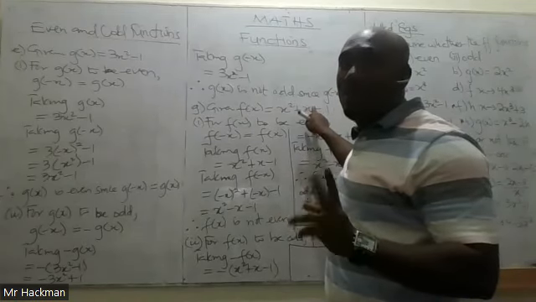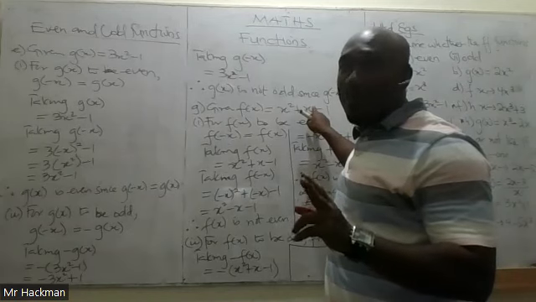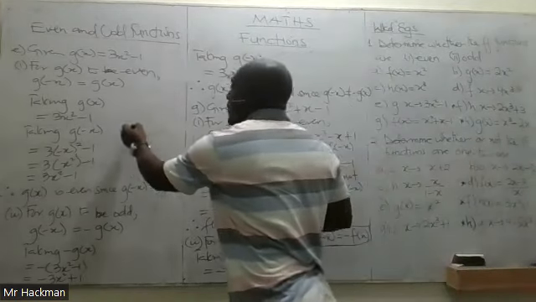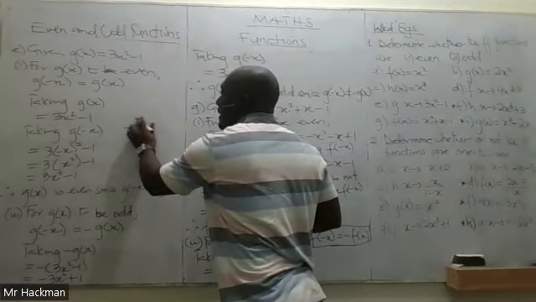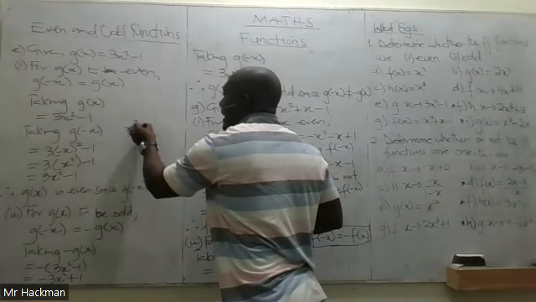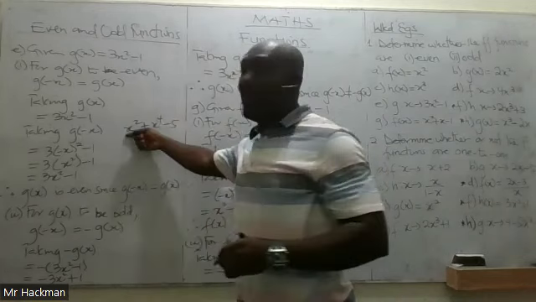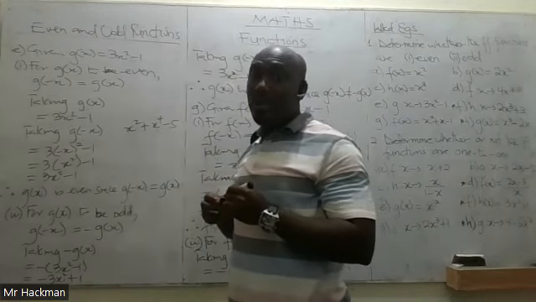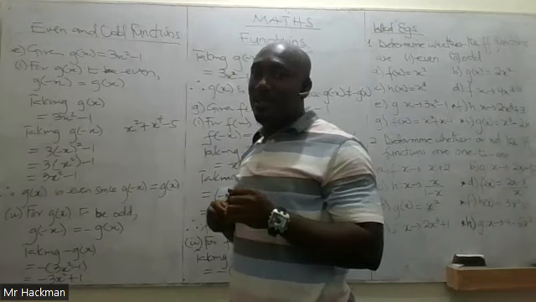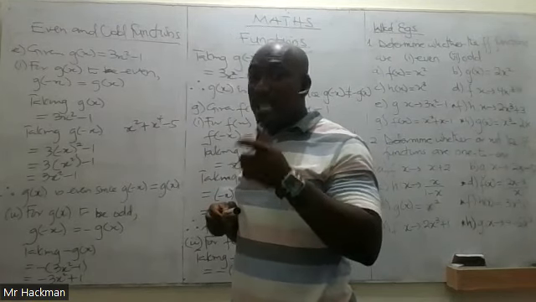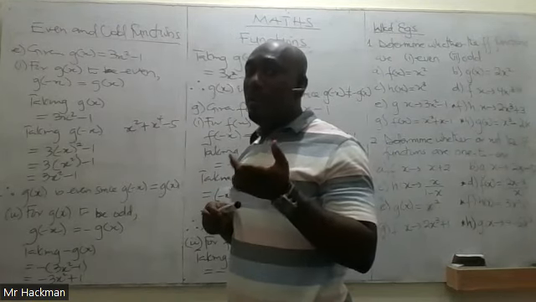However, if you have even powers for all your variable terms, so let's say s squared plus s to the power 4, then maybe minus 5, because all my variable terms have even powers, it is likely to be even. If you like, go and investigate.